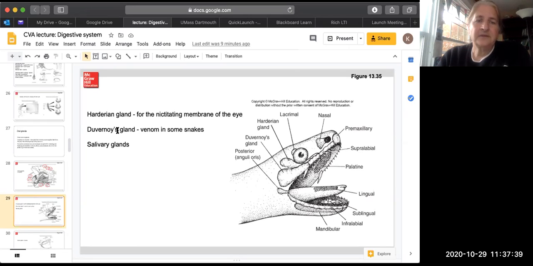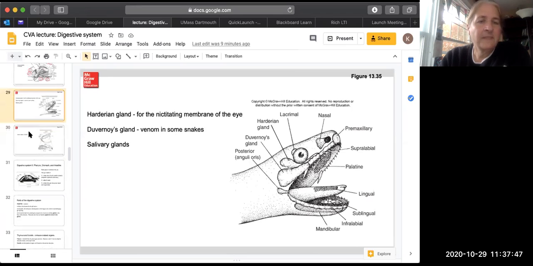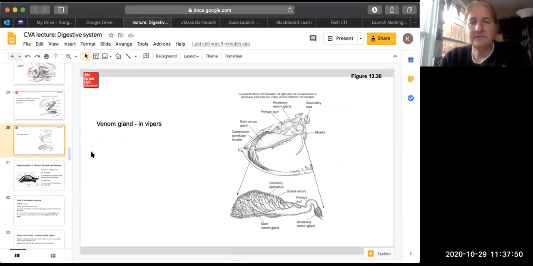And the Duvernoy's gland, which has venom in some snakes. So, special venom glands. And here's a viper, which has this type of independently derived venom gland.